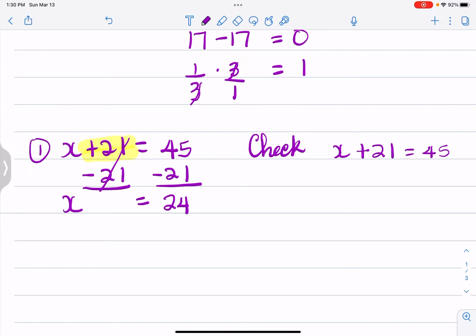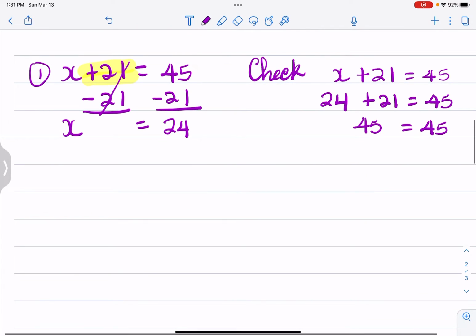Our answer is 24, so wherever we see x, we're going to substitute that with 24. So this will be 24 plus 21. Does that equal 45? 24 plus 21 is 45, and 45 does equal 45. That means that my answer is indeed correct.